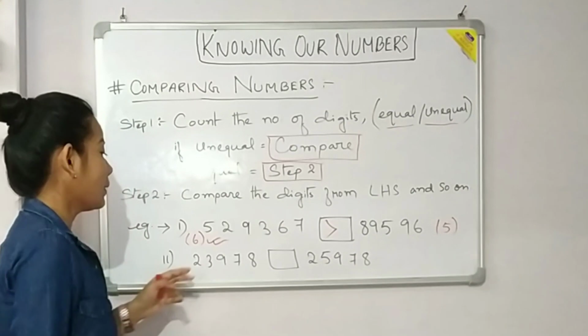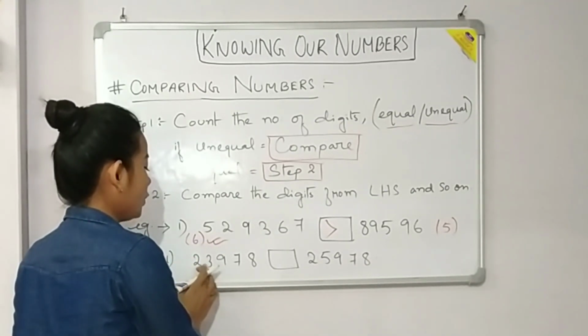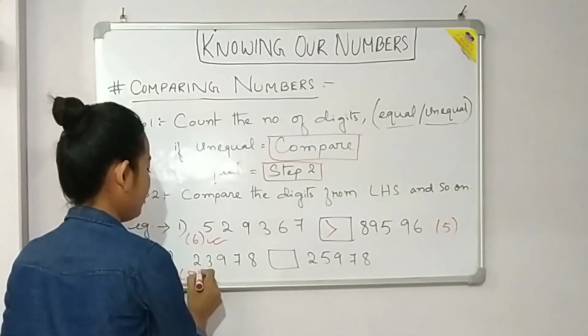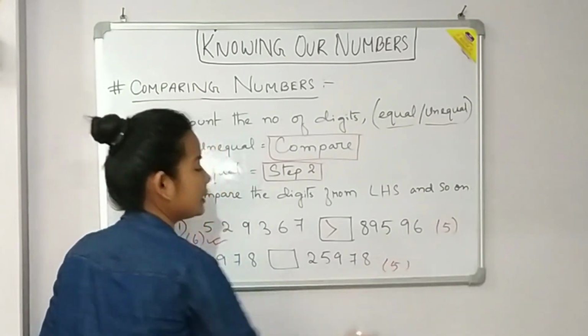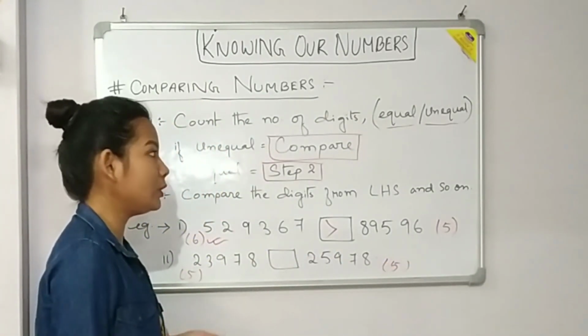Next, what if we have got an equal number of digits? Let us say here 1 2 3 4 5, 1 2 3 4 5. Here are 5 digits, here are also 5 digits. That means we are getting an equal number of digits. So next, what did I say?